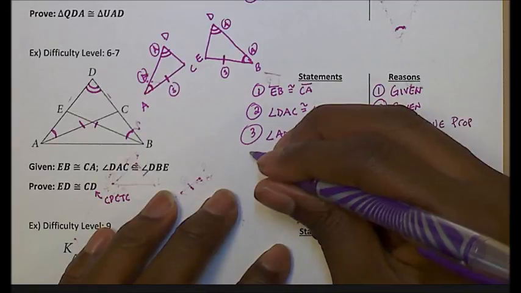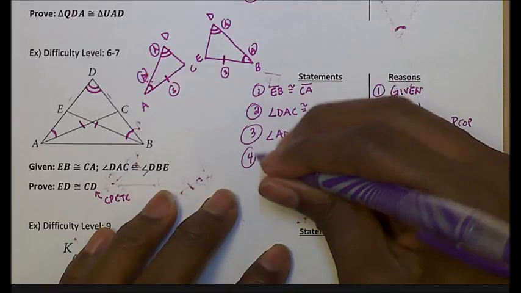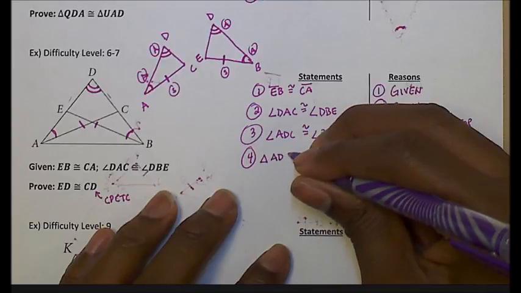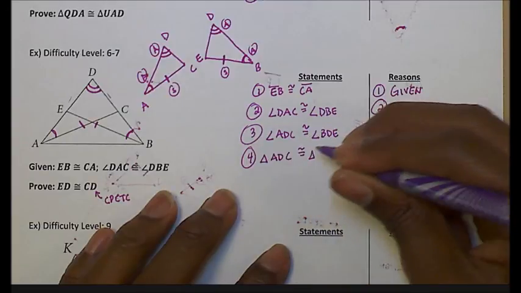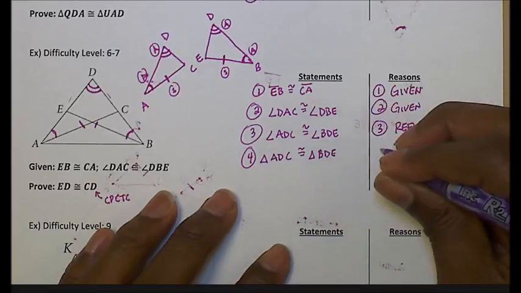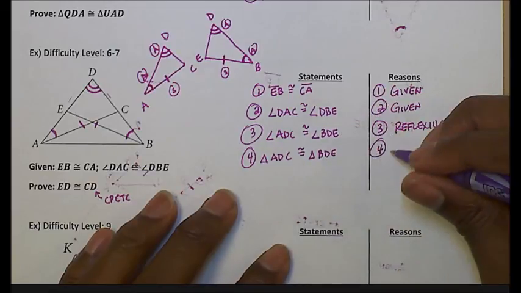With all that marked, now I can say that triangle ADC is congruent to triangle BDE because of angle, side.